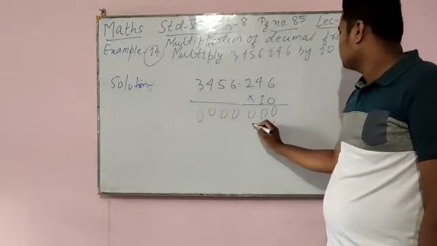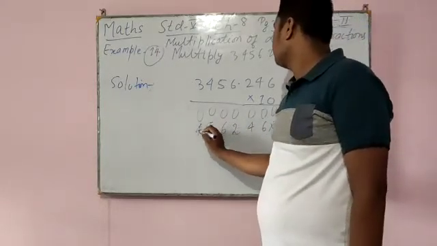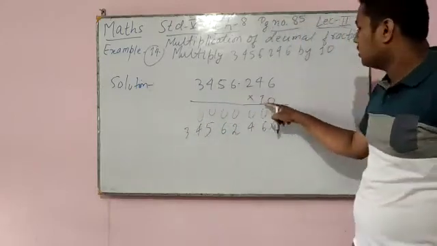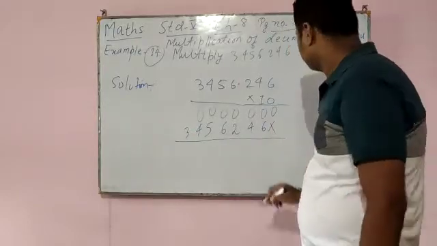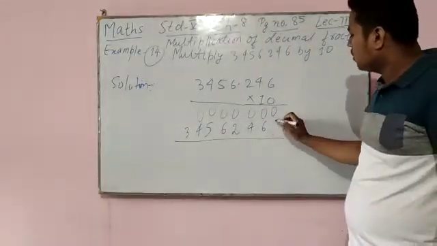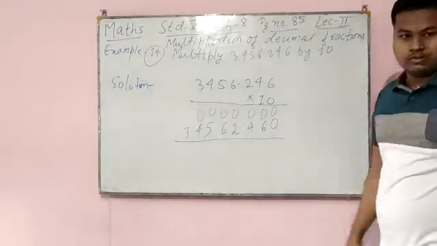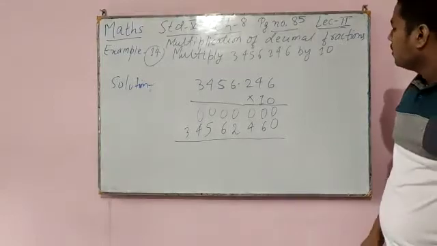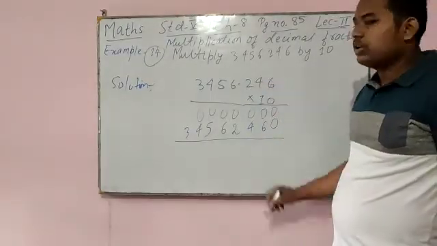Now 6, 4, 2, 6, 5, 4, 3, because we have multiplied with 1. Okay. See this, here we can give cross also, or here we can give 0 also. Either you can give 0 or either you can give cross. Both is right.